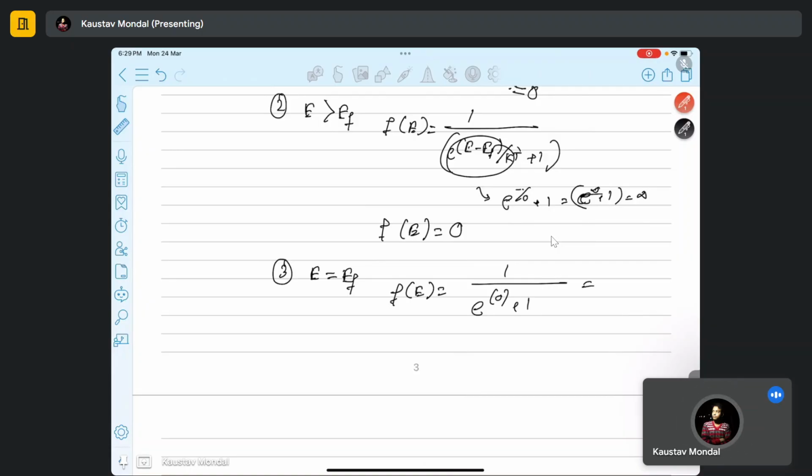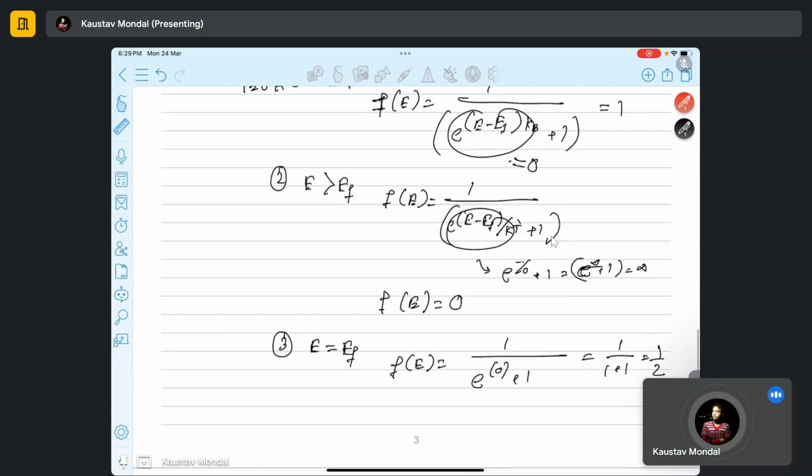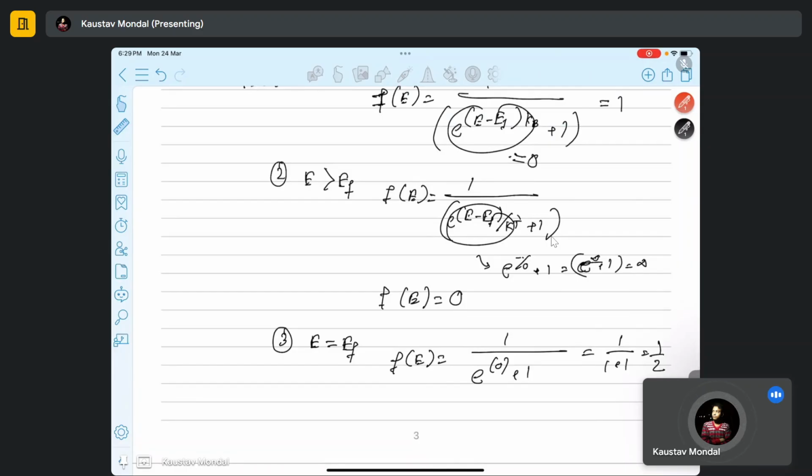E to the power 0 is nothing but 1, right? So it gives you 1 plus 1, so half. So anyway, the answer is that the probability of electrons at absolute temperature equal to 0 when E equals E_F would be simply half.